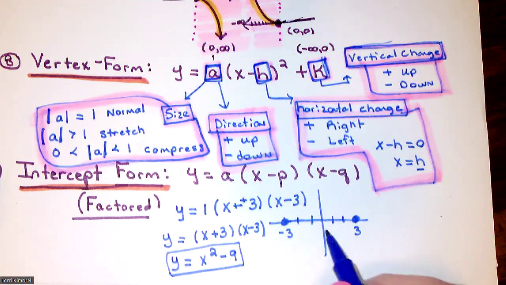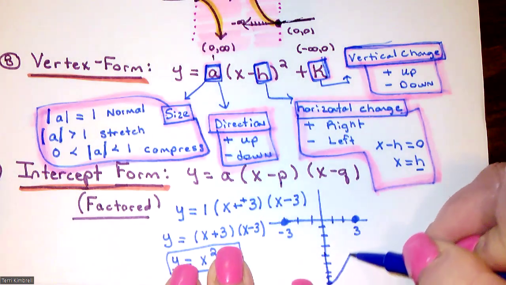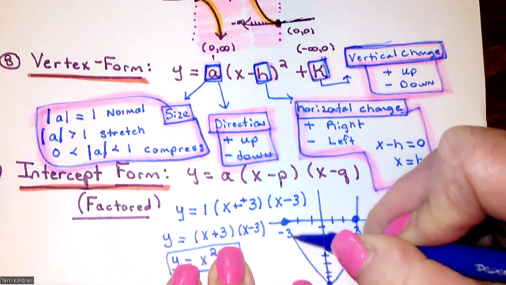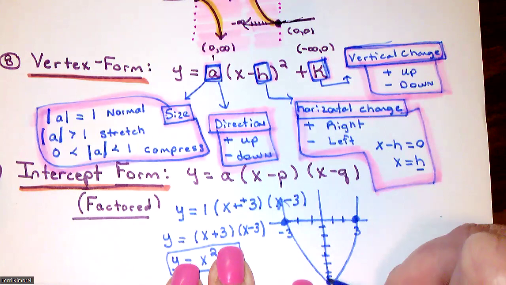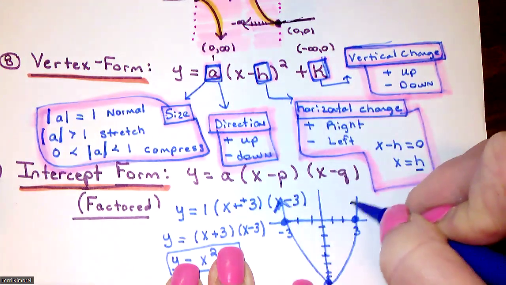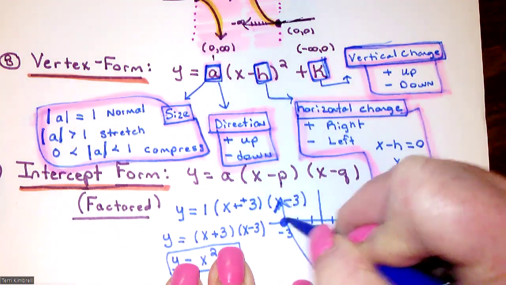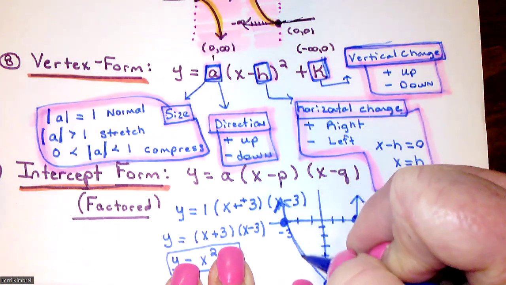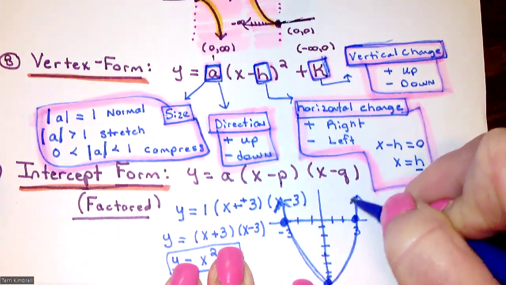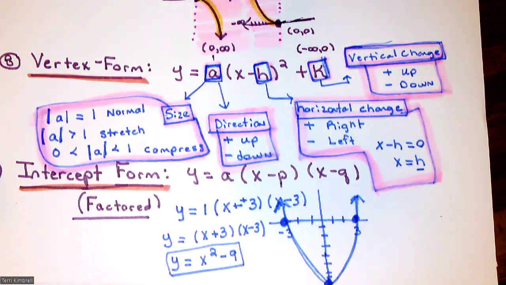So the -9 would be the y-intercept, because that would be your C. So it would be way down here. Okay, and then you would be going up through the -3 and the +3, and that would be your x-intercepts. So that would kind of be how you could go from your factored to your standard.